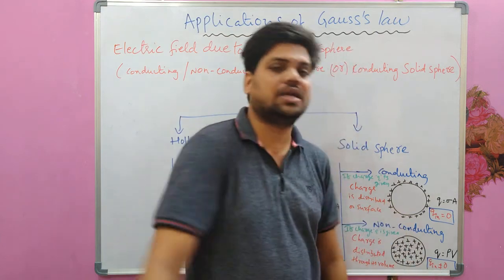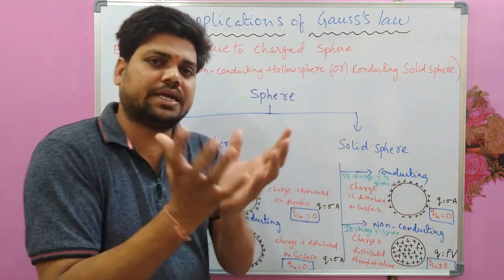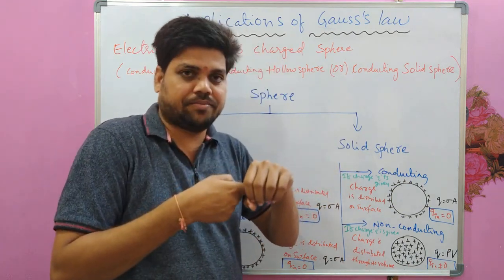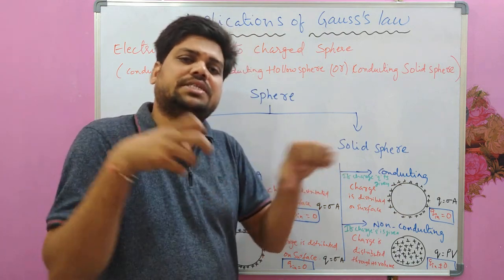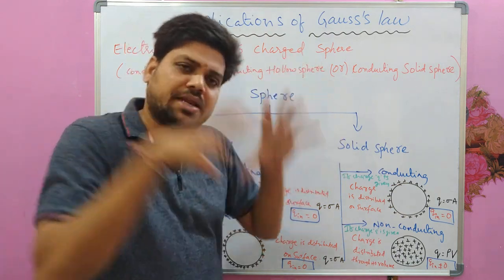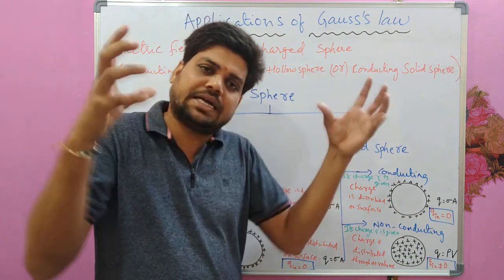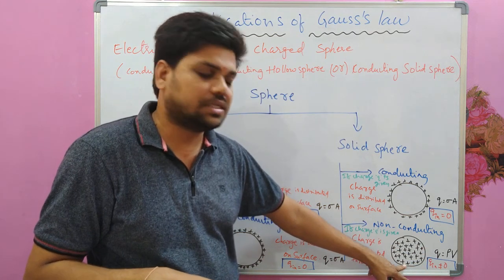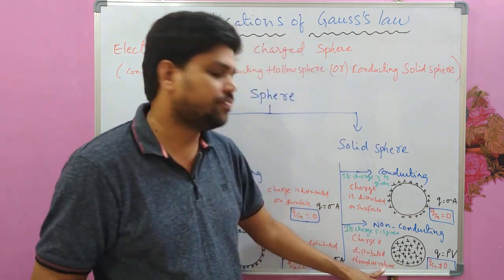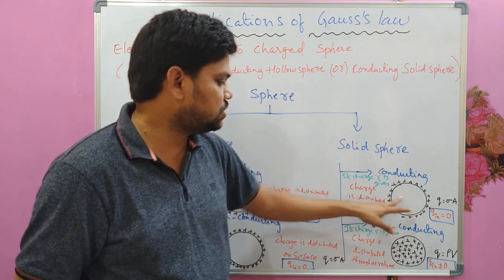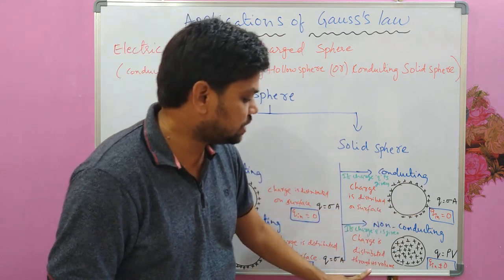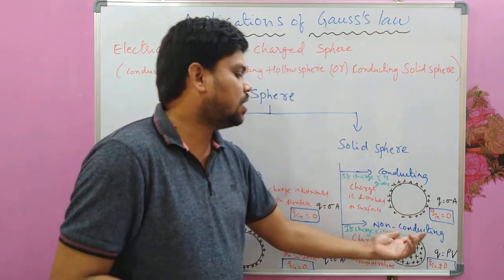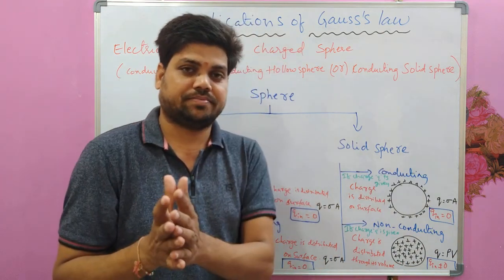Whereas for a non-conducting solid sphere, as I said, if you give Q charge to it, because it is non-conducting, whatever charge you give to the solid sphere will remain inside. It will not be conducted by it. That is how here the charge distribution is through its volume, whereas here the charge distribution is on the surface. The charge distribution is throughout its volume because of the non-conducting nature of the sphere material.